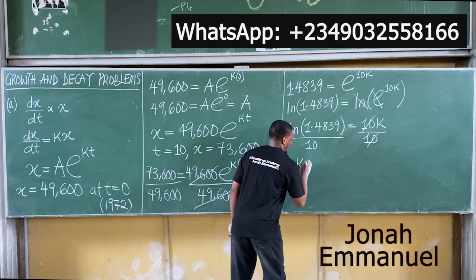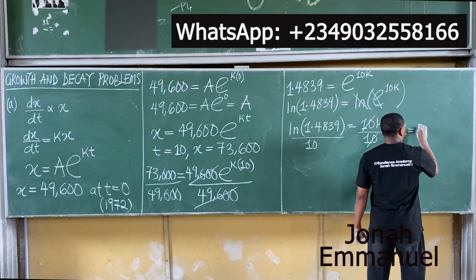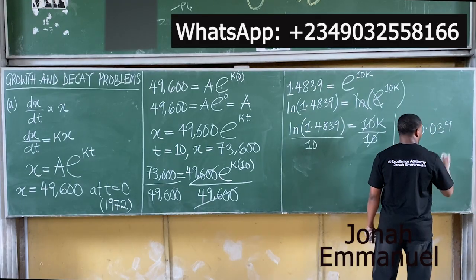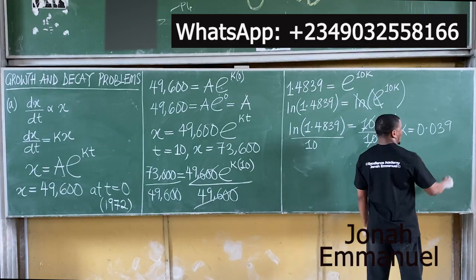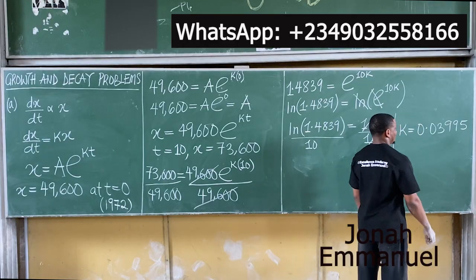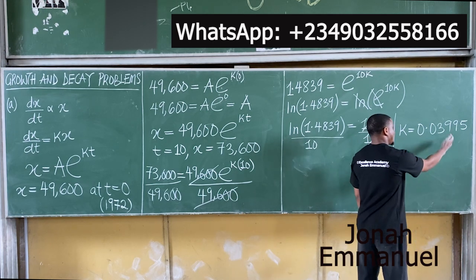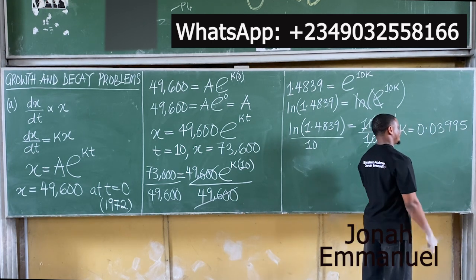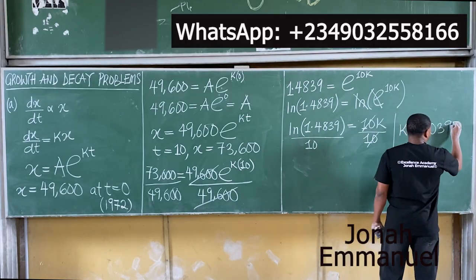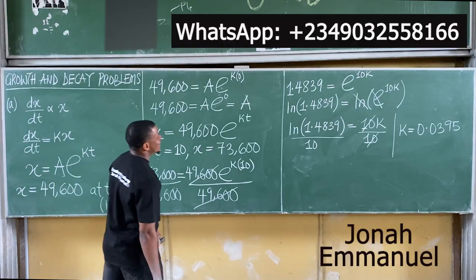K is equal to 0.0395. All right, so we have 0.0395 as the value of k.